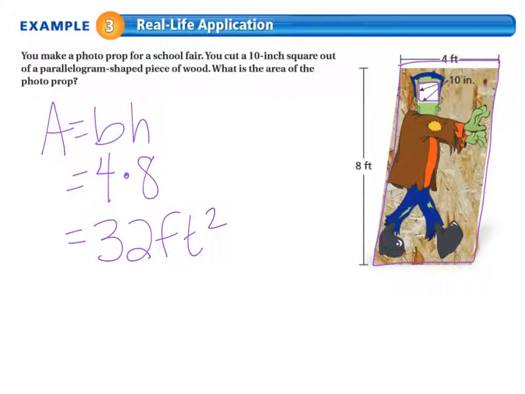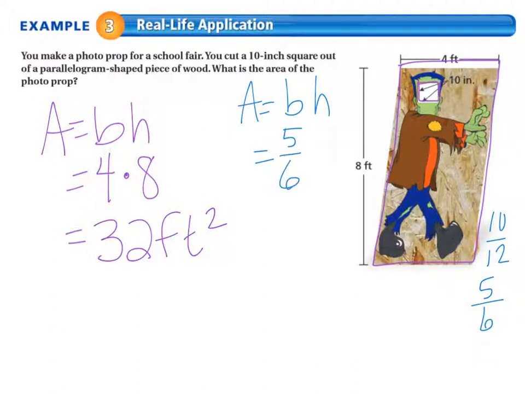I know there are 12 inches in a foot, therefore I know that 10 inches is really 10/12ths of a foot, and I can simplify that, which is 5/6 of a foot. So area equals base times height. My base is 5/6 of a foot times my height, which is the same, 5/6 of a foot.